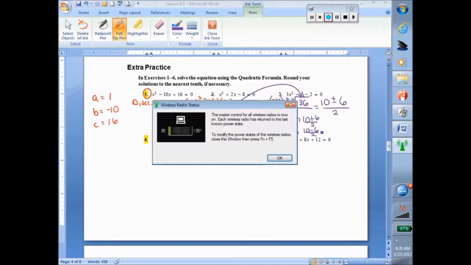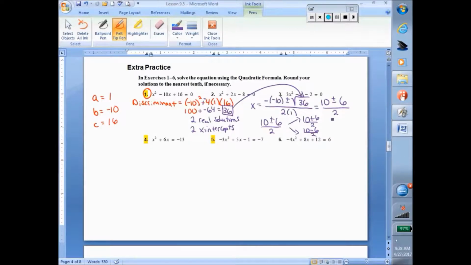I need that plus minus case, just like when we were solving using square roots. 10 plus 6 is 16. 16 divided by 2 is 8. 10 minus 6 is 4. 4 divided by 2 is 2. There's our two solutions. If we wanted to graph this, those would be our two x-intercepts also.